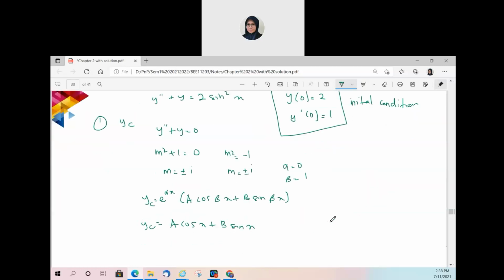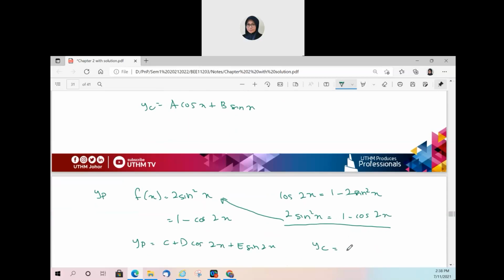Yc mana tadi? Yc is a cos x plus b sin x. Puan, yang tu satu minus kan? Kenapa dia jadi C plus sana? Yang mana? Yang YP.